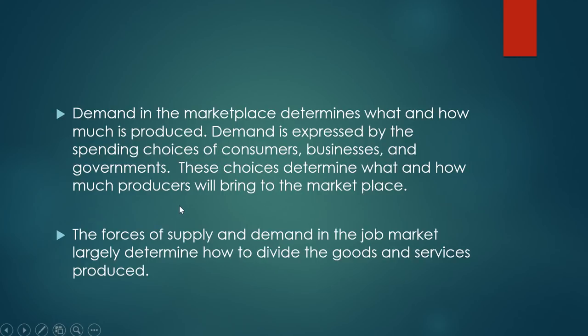The forces of supply and demand in the job market also largely determine how to divide the goods and services produced. For example, if there happens to be a teacher shortage in the state of Illinois, which there actually is right now, we're not necessarily seeing it affect us directly, but if we can't find teachers to teach in the schools, things may happen, such as larger class sizes.